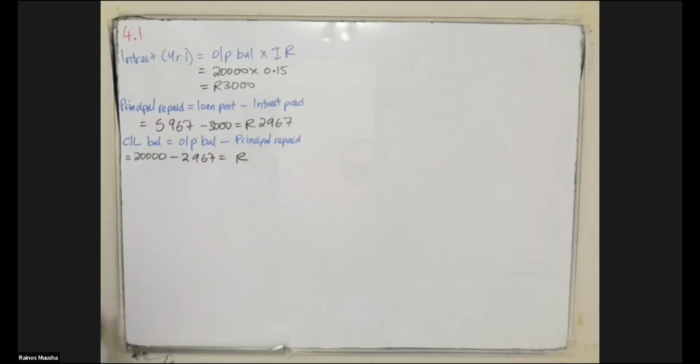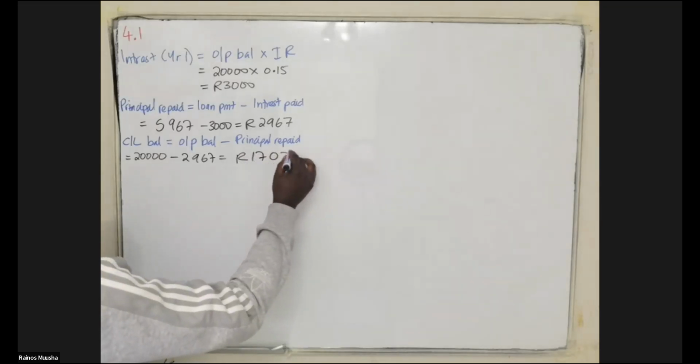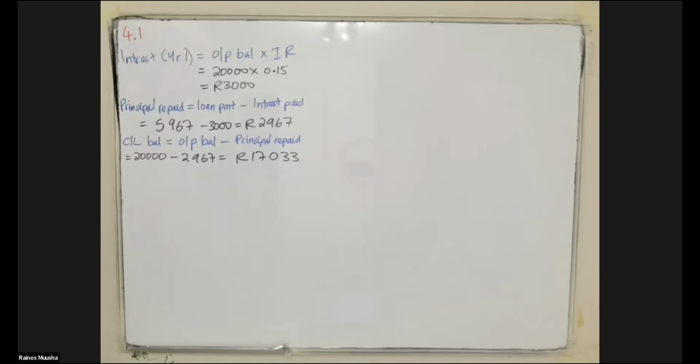So how much is the closing balance for year one? 17,033 rand. 17,033. Are we on the same page? Any questions? Anyone lost?